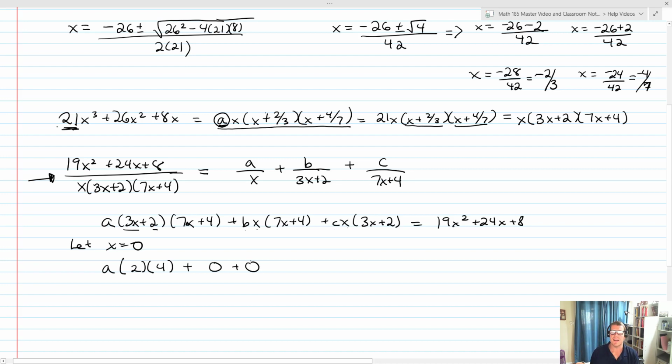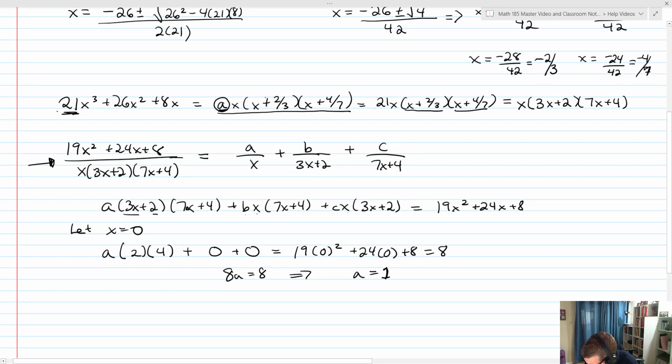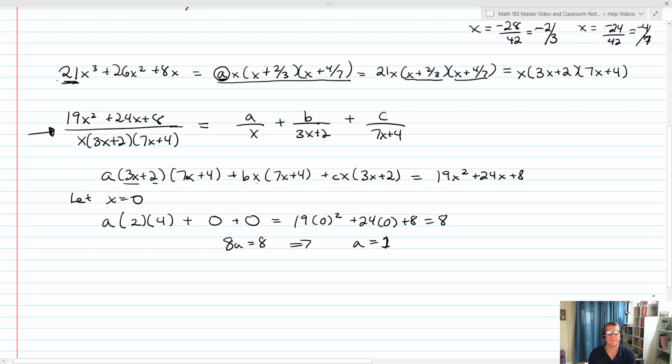Notice we got rid of b and c. Awesome. And then we'll get 19 times 0 squared plus 24 times 0 plus 8, and so that equals 8. So 8a equals 8, and that means a equals 1. That is step 1, that's for a.